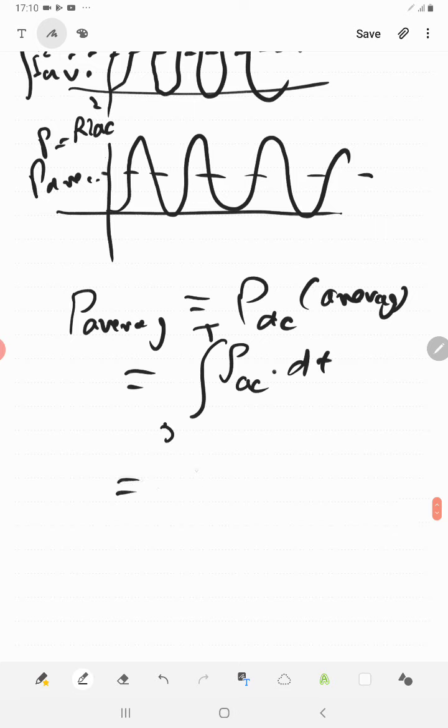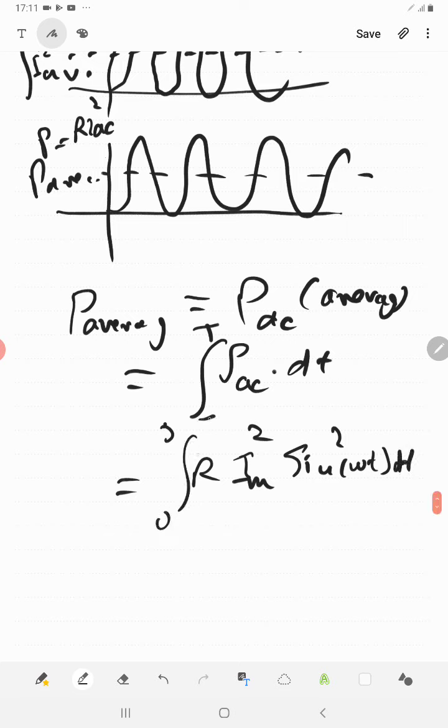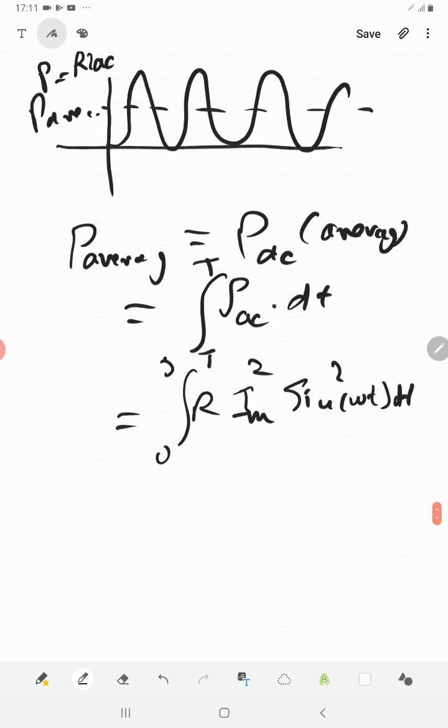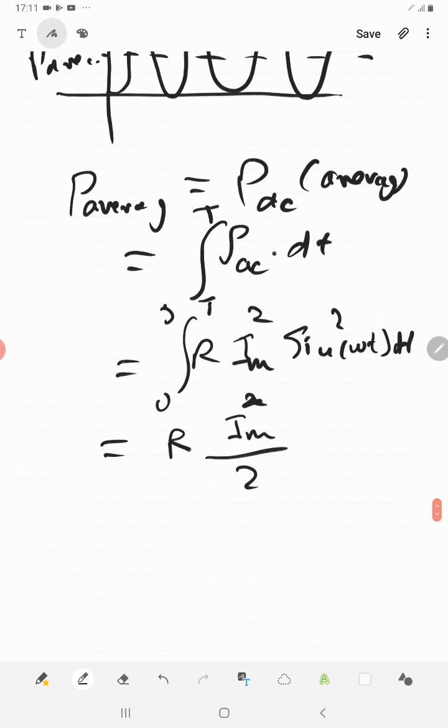So if we do that, it would be R I maximum squared, sine squared omega t dt from 0 to the period. If we do that, it will be R I maximum squared over 2. You try it and check it, and you'll find it is the same.